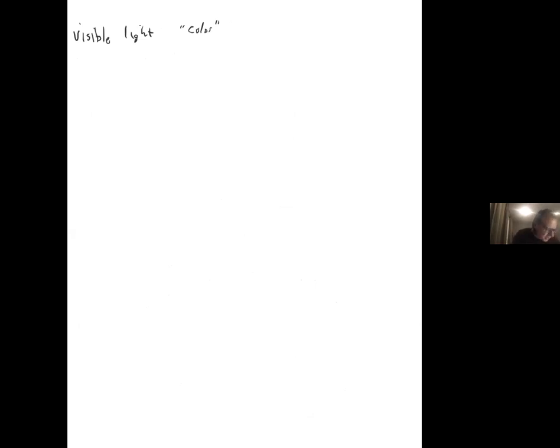So I'm going to start by putting ultraviolet here. Remember, we're going to increasing energy here. And then I'm going to put visible here, and then I'm going to put infrared.